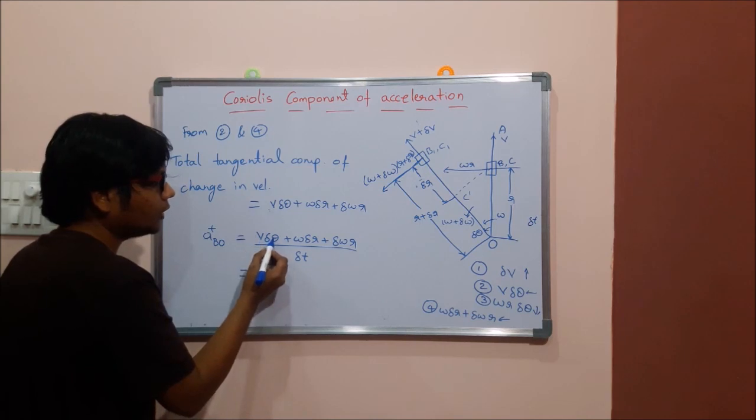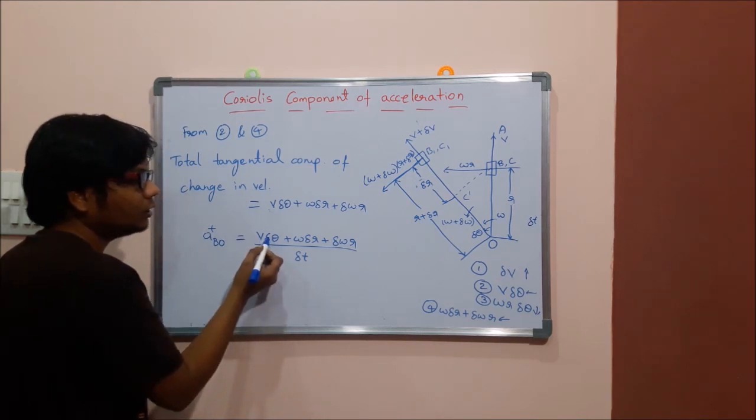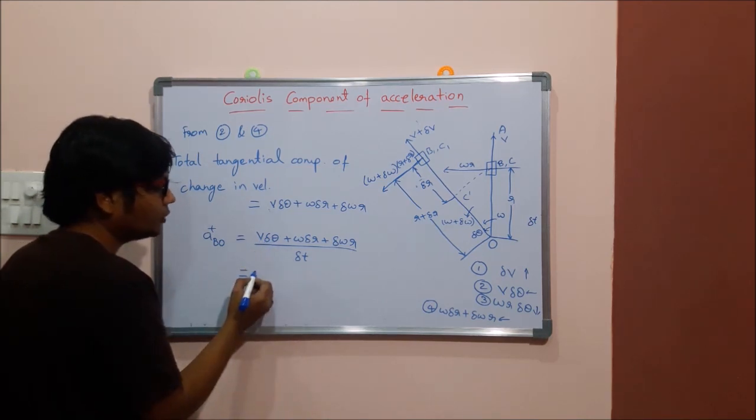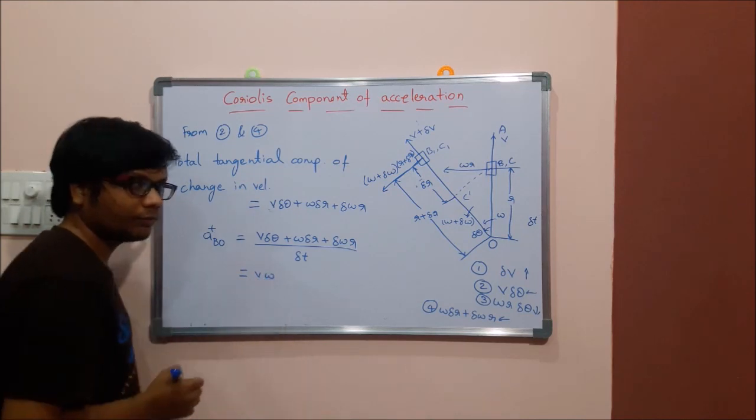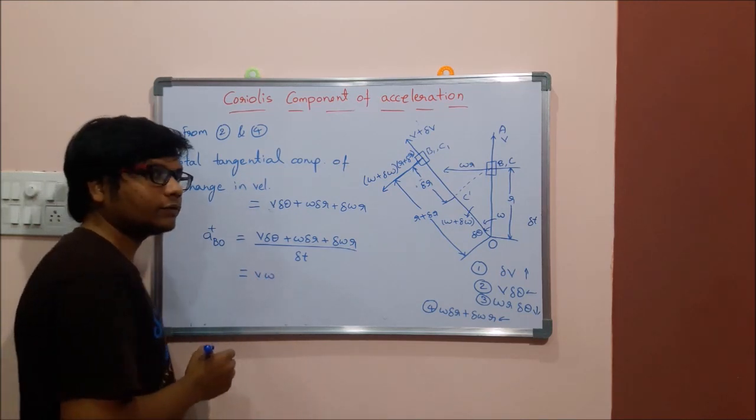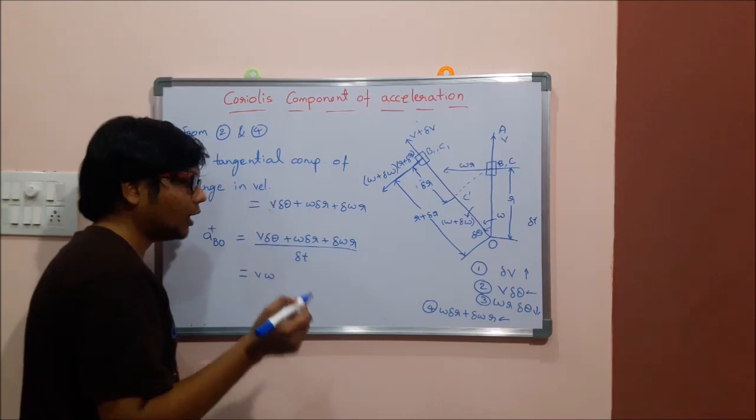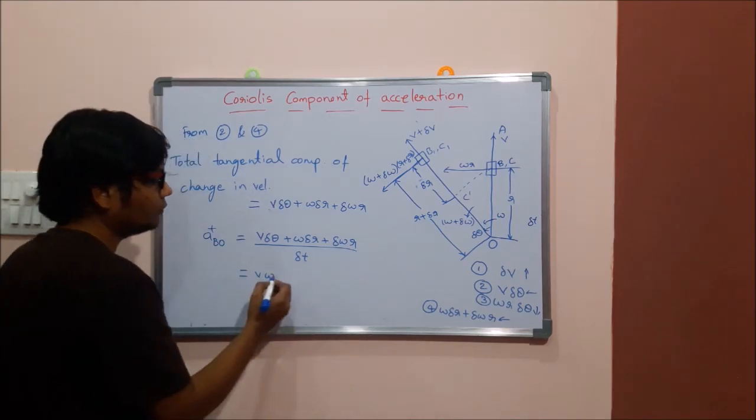So V delta theta by delta t is the change in angular displacement with respect to time, which is angular speed, the rate of change of angular displacement. So that is V omega.